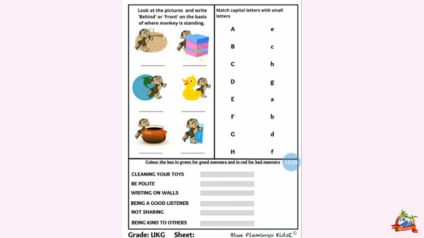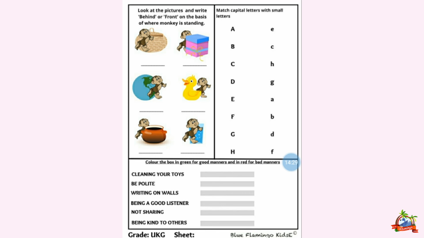Writing on walls. राइटिंग ऑन वॉल्स, दीवारों पर लिखना. Is it a good manner? No, it is not a good manner. It is a bad manner. So what will we do? We will color the box with red. बॉक्स को हम रेड कलर करेंगे.